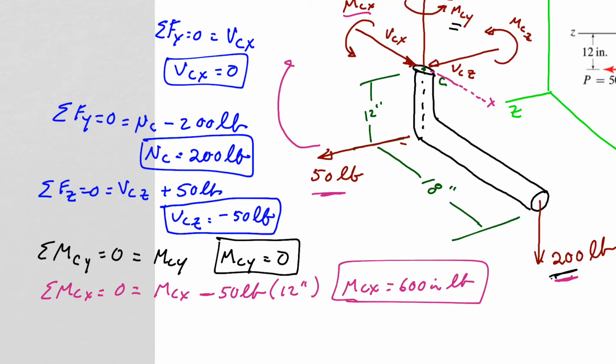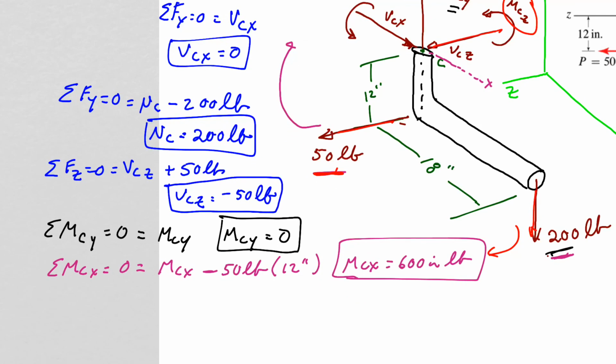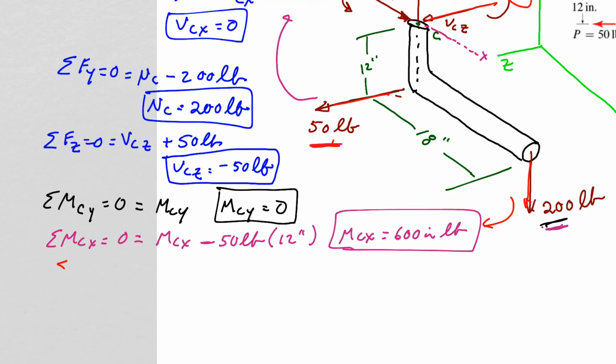Okay, last is I need to analyze this MCZ. So the moment around the z-axis, we see that this 50-pound force does not cause a moment around it. They are parallel to each other, so that is not going to cause a moment. But this 200-pound force will cause a moment around the z-axis. So if I write out my moment equation for that, summing my moments, MCZ equals 0.